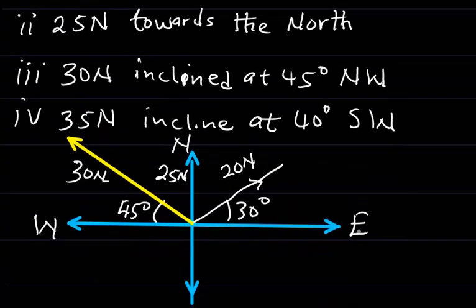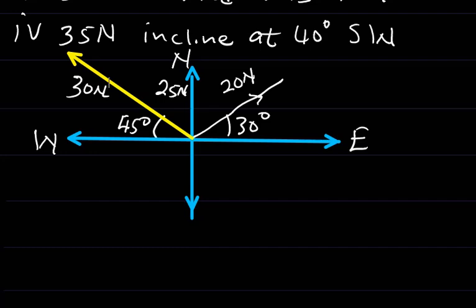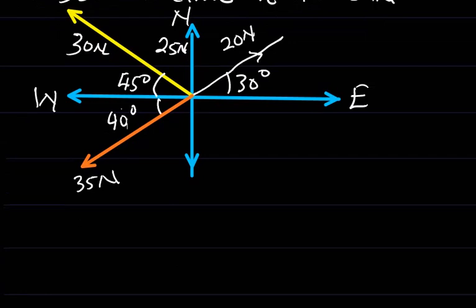And the last but not the least, we have 35 Newton, and the angle is 40 degrees. So what are we looking for? Still, we are looking for the resultant.